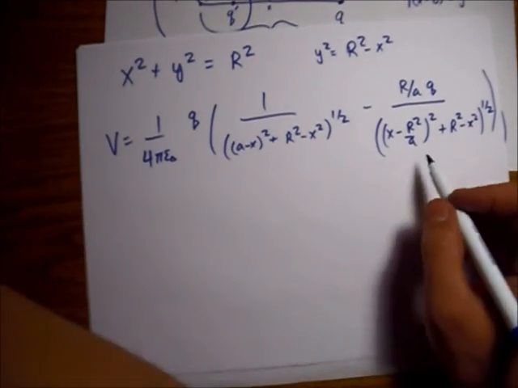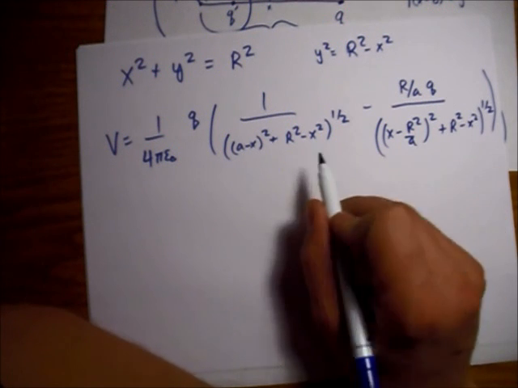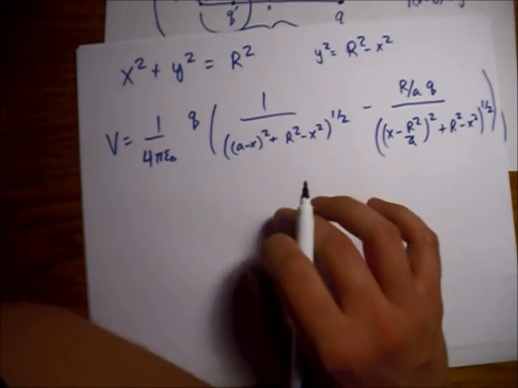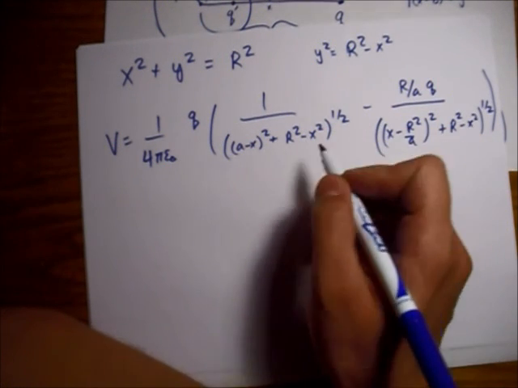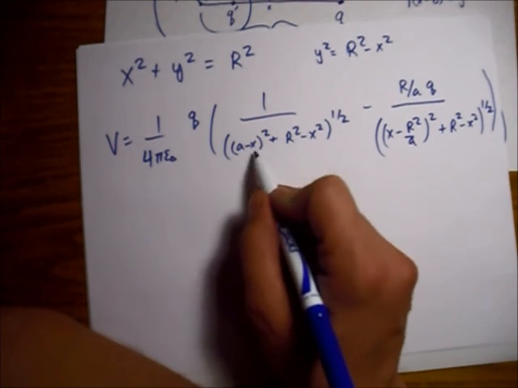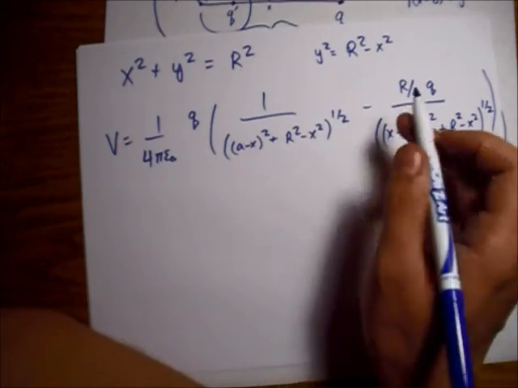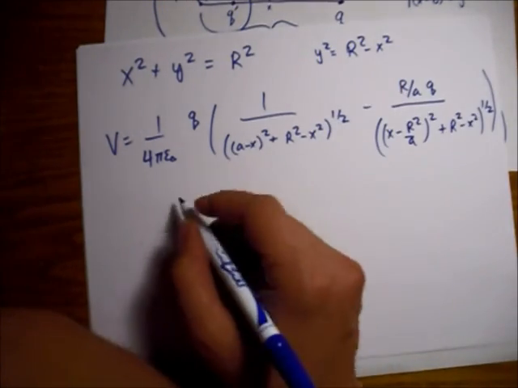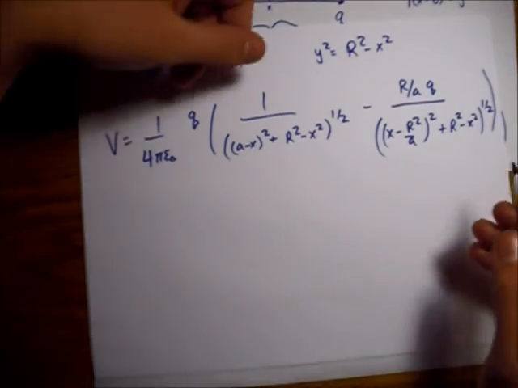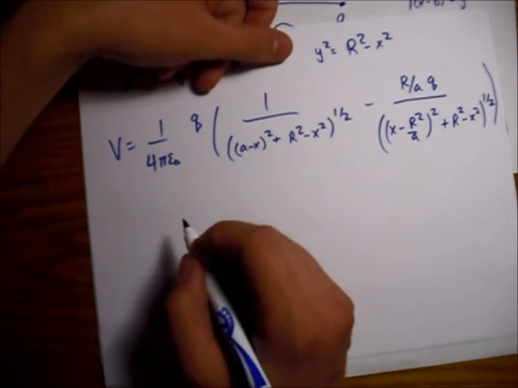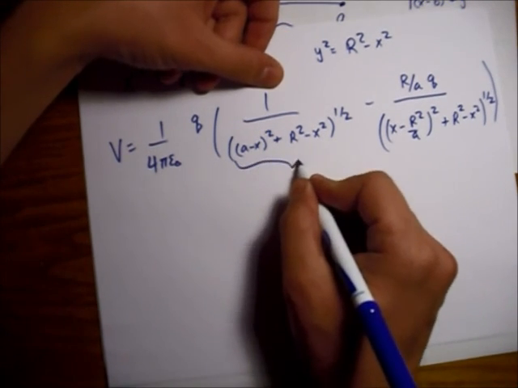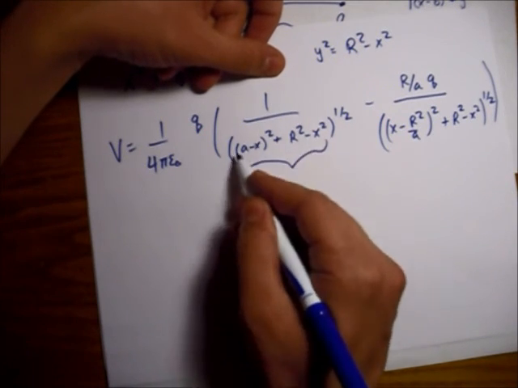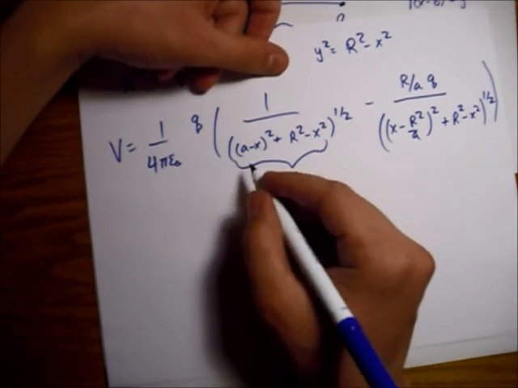All right, so let's go ahead and write out this little a squared or a minus x squared thing. I'm just going to write the guts of this denominator down here.